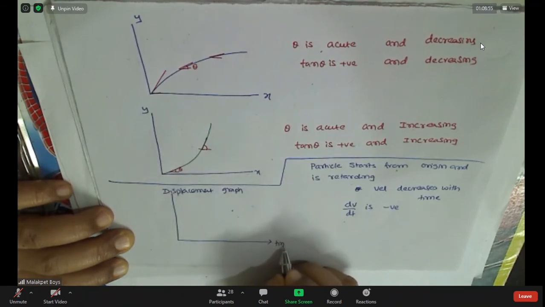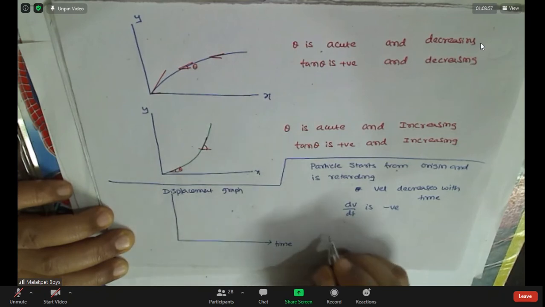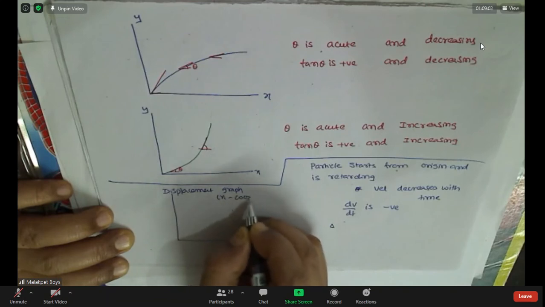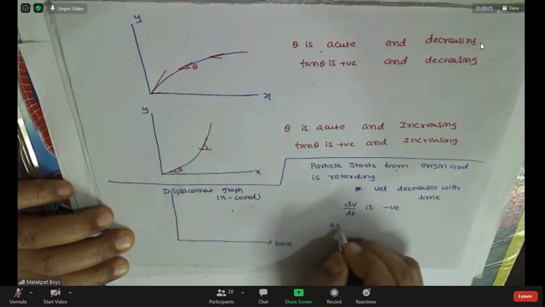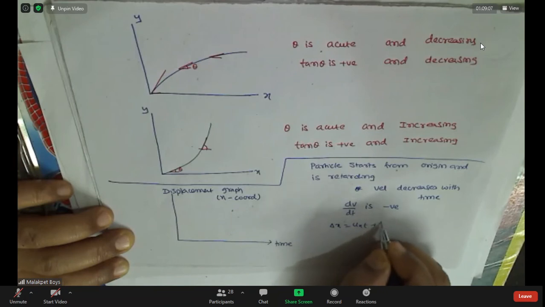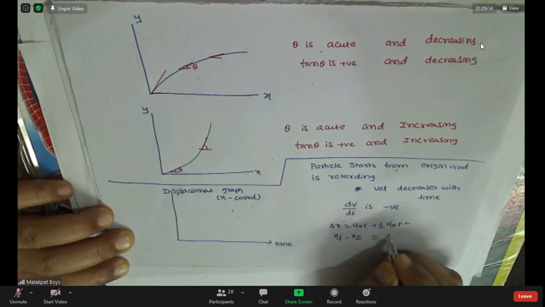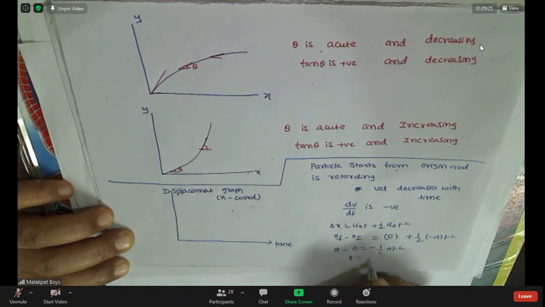This is the time axis. Okay. Again, say this is the x coordinate. You have delta x equals ut plus half a t square. X final minus x initial, it starts with 0 velocity, plus half into minus a into t square. Initially it is at the origin now. So x is equal to minus half a t square.